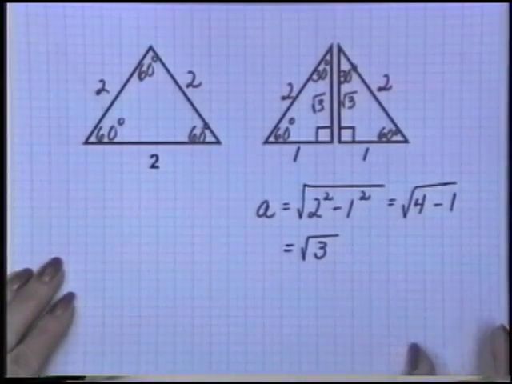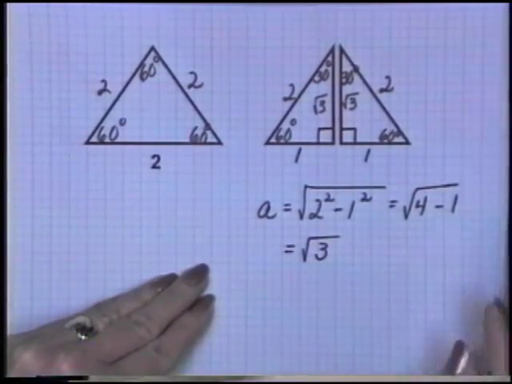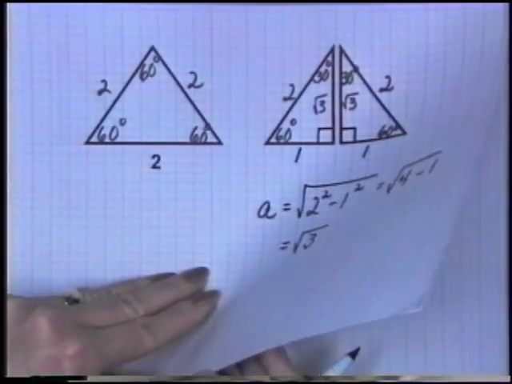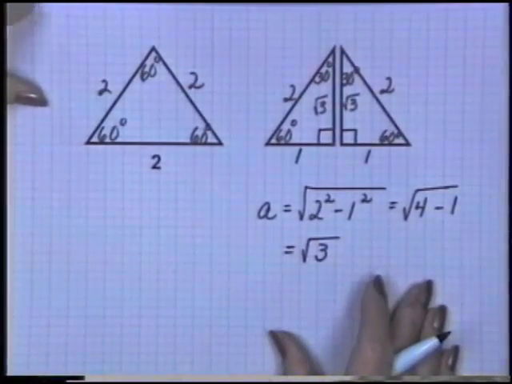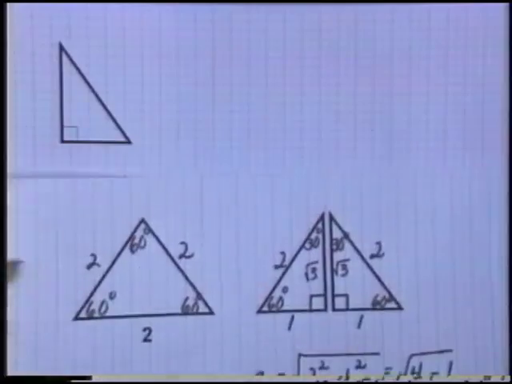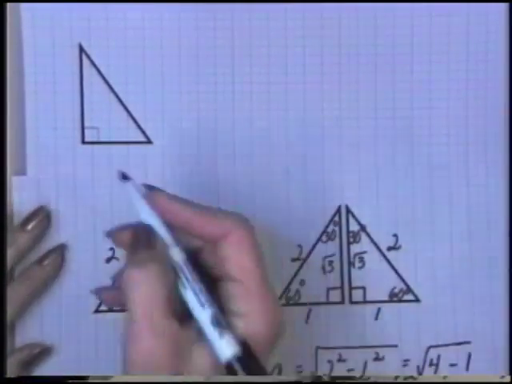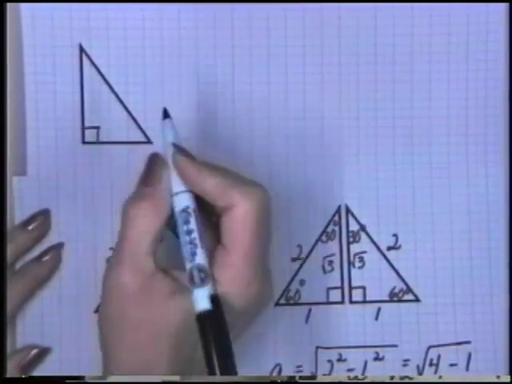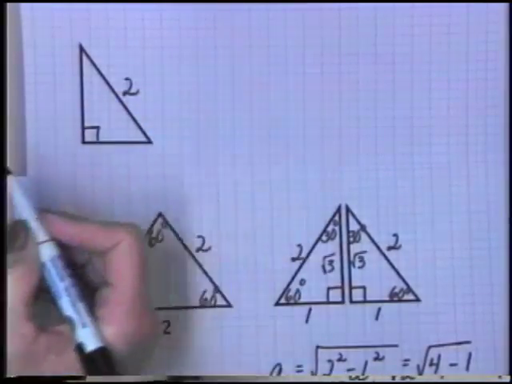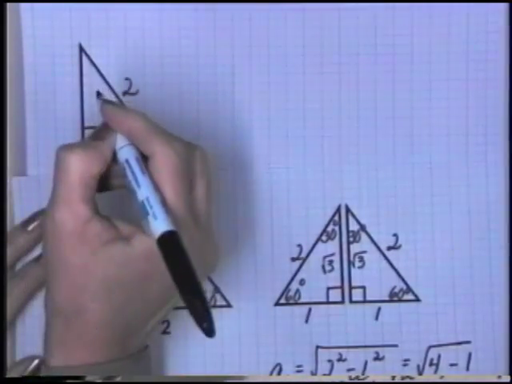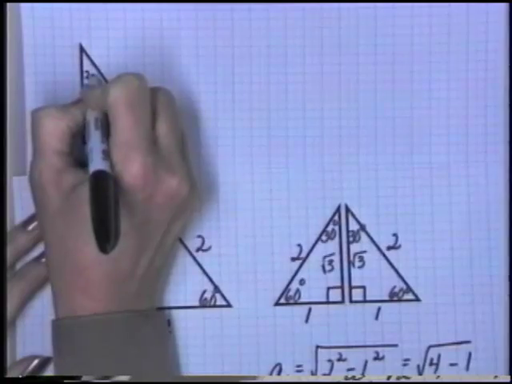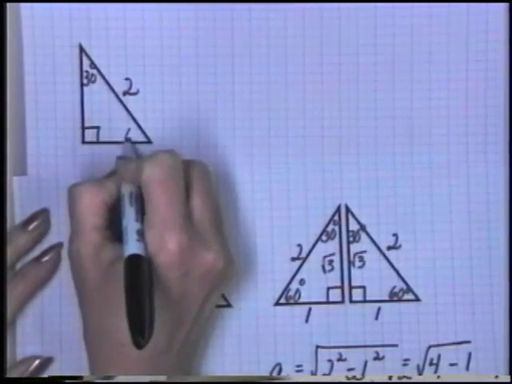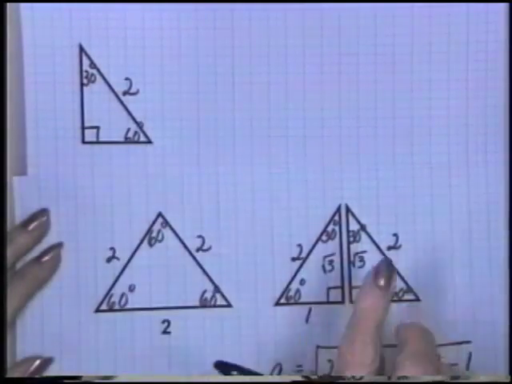Now I'd like to label just one of these triangles. So let's see here. My hypotenuse is 2. My 30-degree angle is up here. My 60-degree angle is down here.